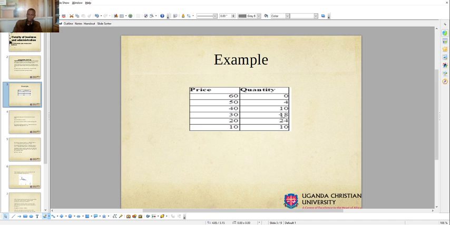Then the next difference is 8 times 30. We stop at the market price.